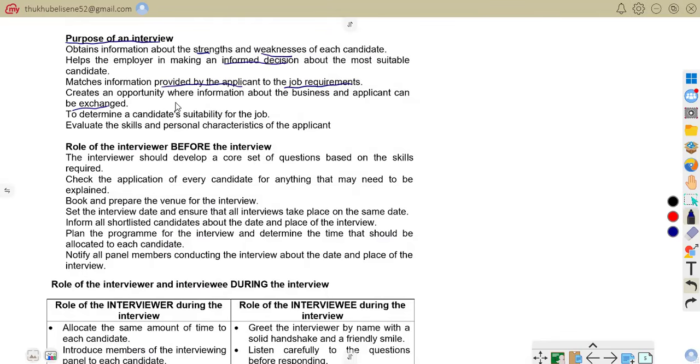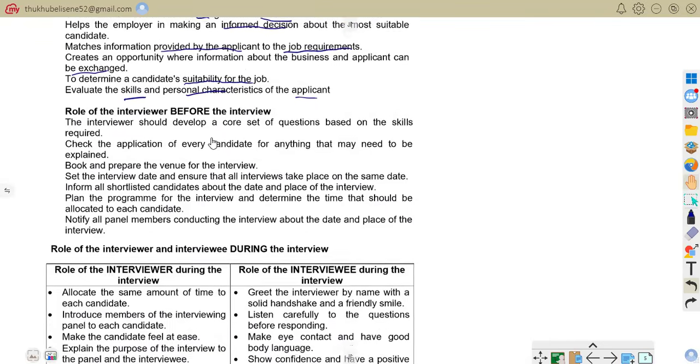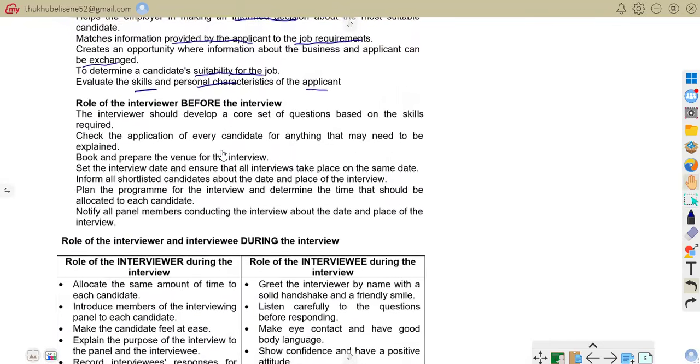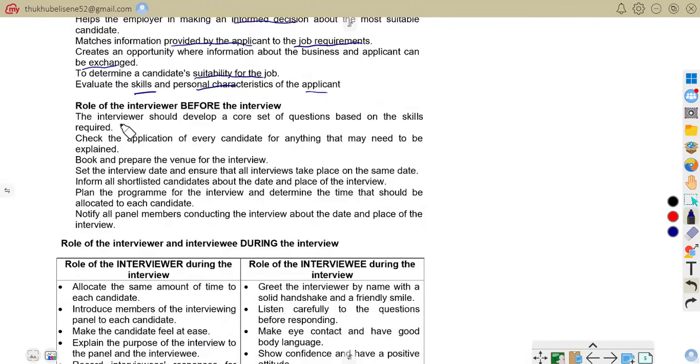It determines candidate suitability for the job and evaluates the skills and personal characteristics of the applicant. That is the purpose and importance of the interview. Now, the role that must be played by the interviewer before the interview.